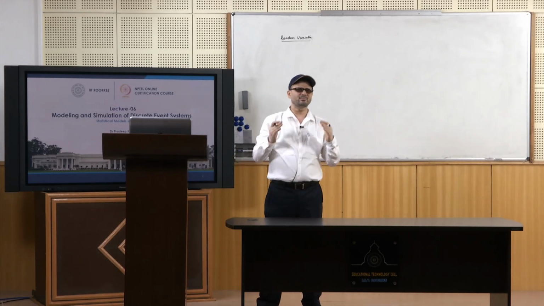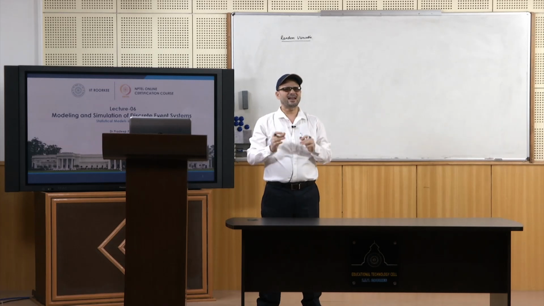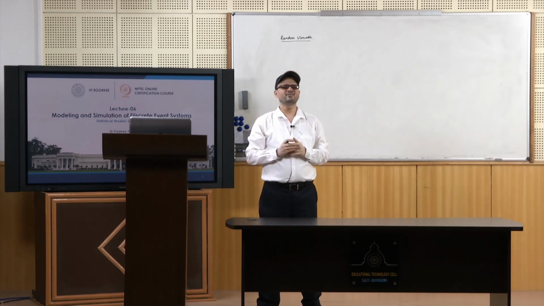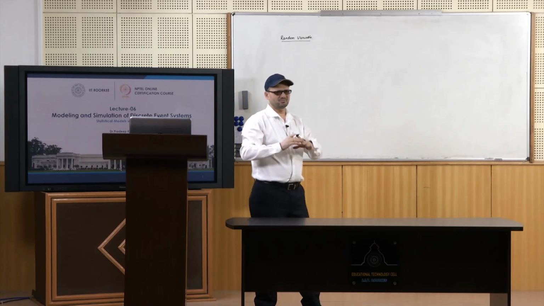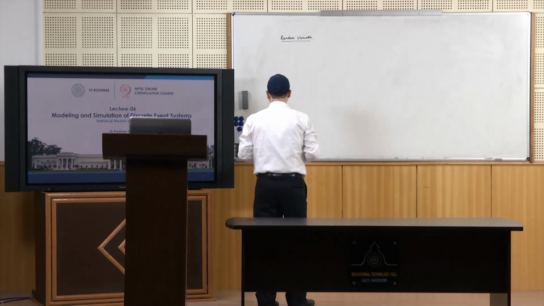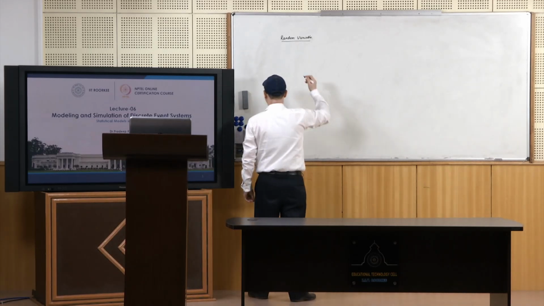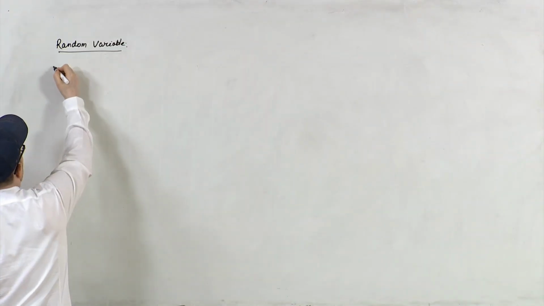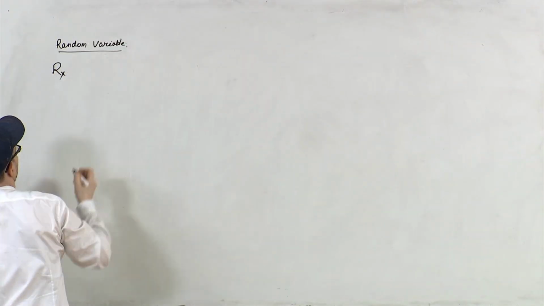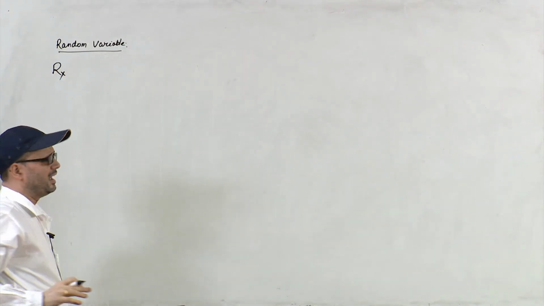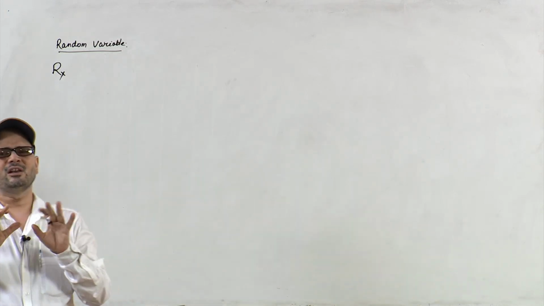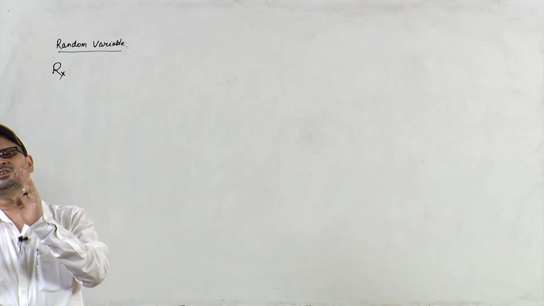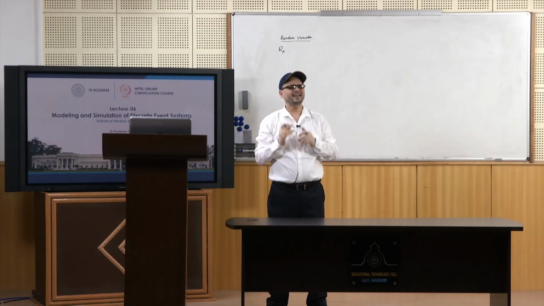Suppose any random variable capital X is there, it may have many values. So, it will have a range or space, Rx. If X is the random variable, Rx will be the range space for the random variable, that is, how many values it can attain.